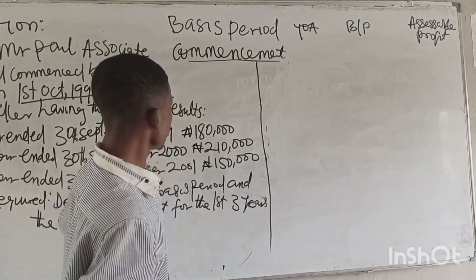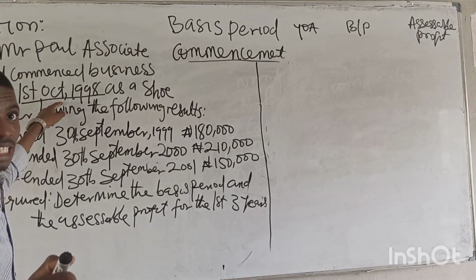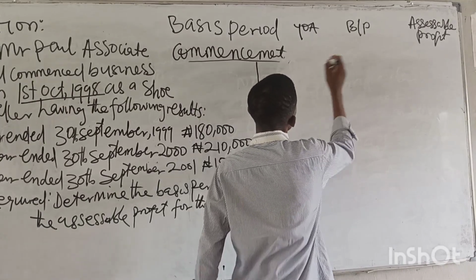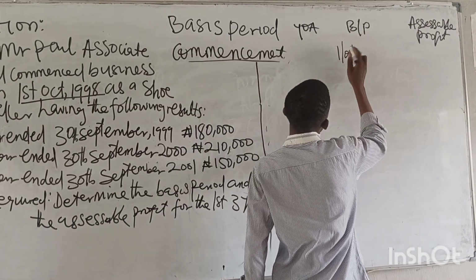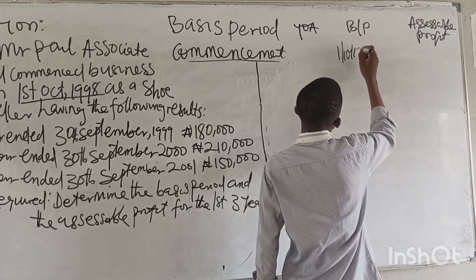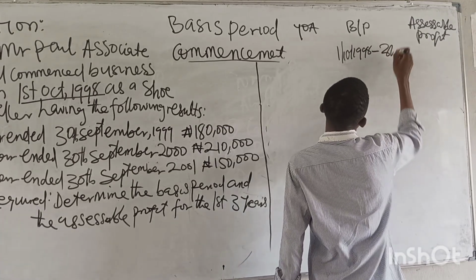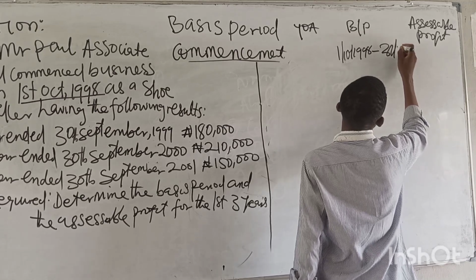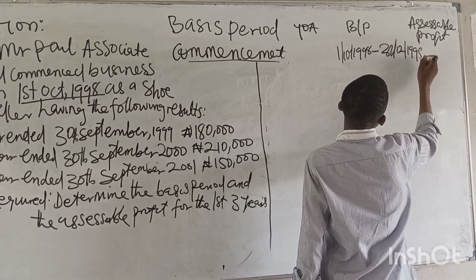So the first rule is that we should start from where the business commenced to the next 31st December of the same year. So we start from 1st October 1998 till 31st December 1998.